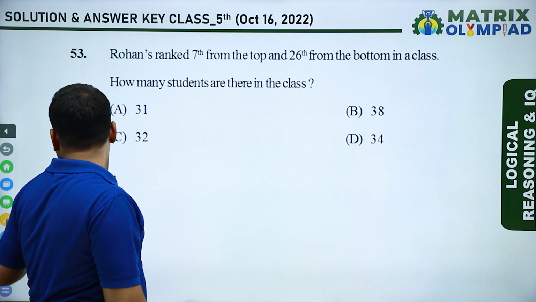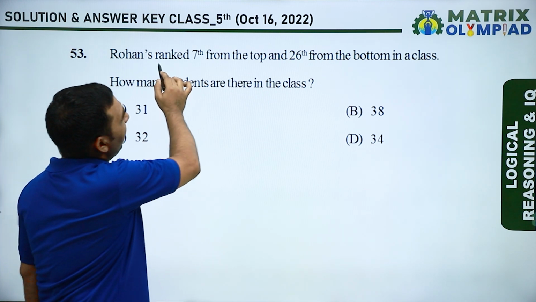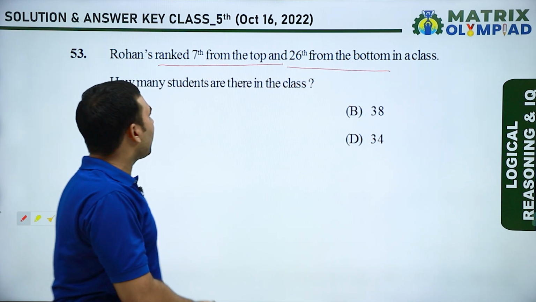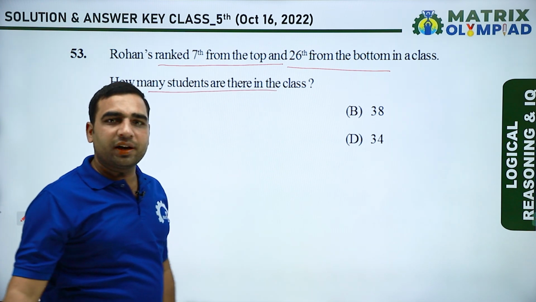Next question. Question number 53. As you see, Rohan ranked 7th from the top and 26th from the bottom in our class. How many students are there in our class?